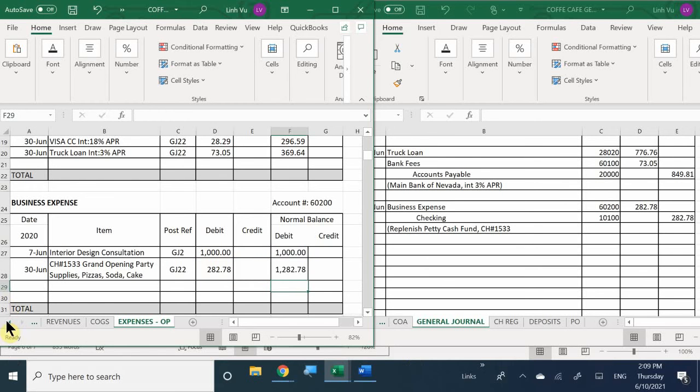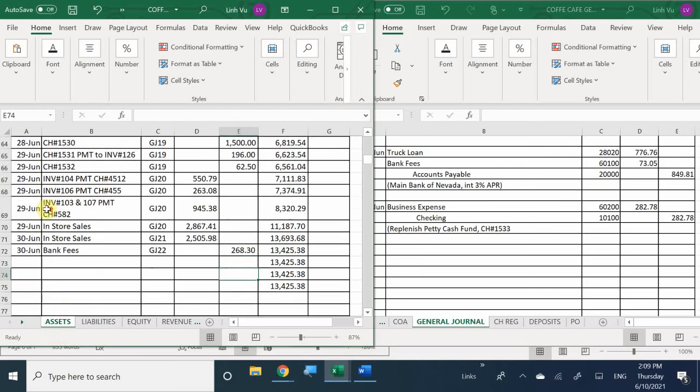Then we're going to go ahead and go to our checking account.